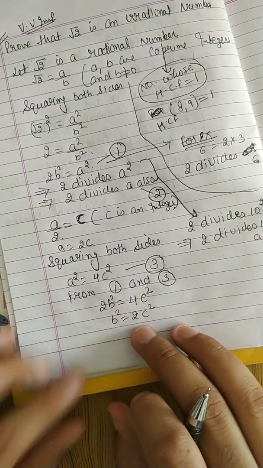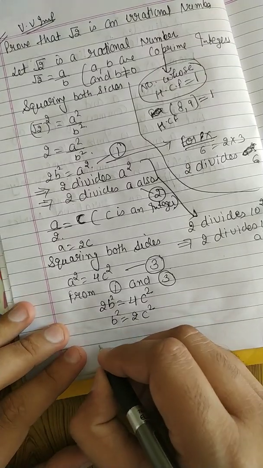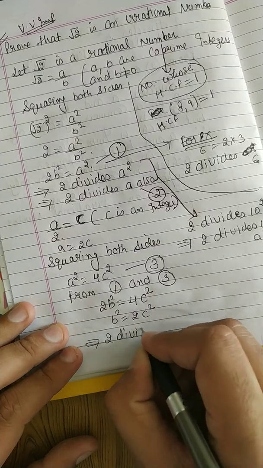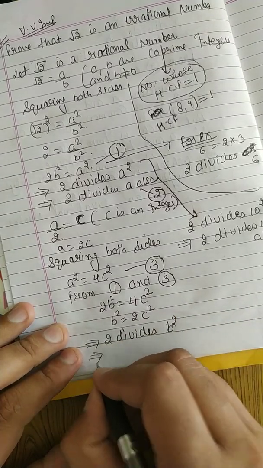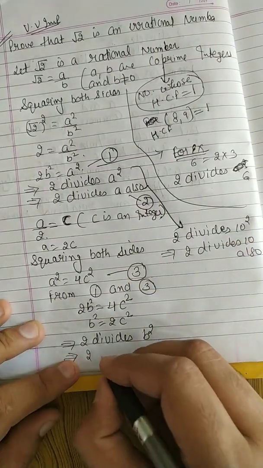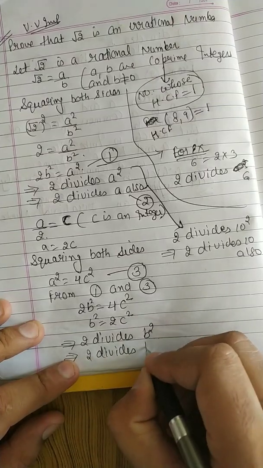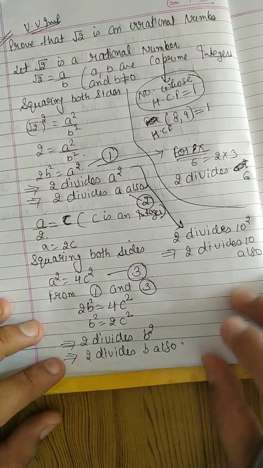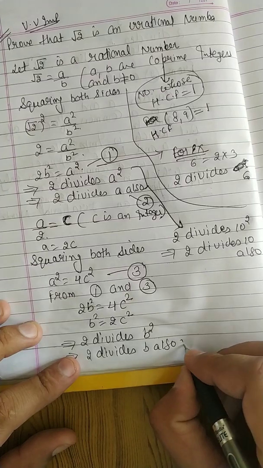Now b is again a product of two numbers, two factors, so it means we can write 2 divides b square. We have already done this beta, I have given the example also. See this, 2 divides b also. So understood? The reason I have already given. So now it is called equation number 4.